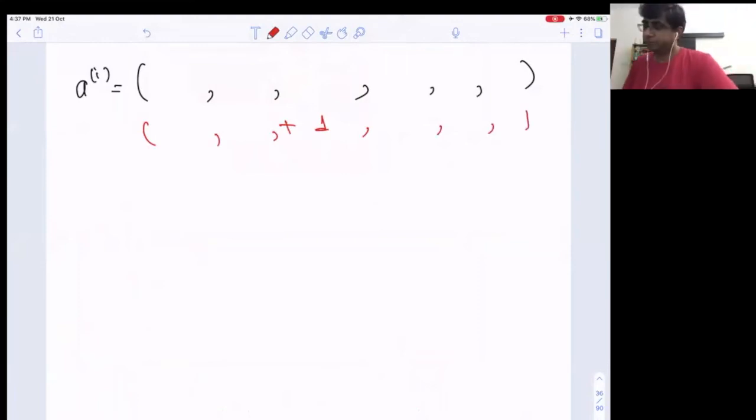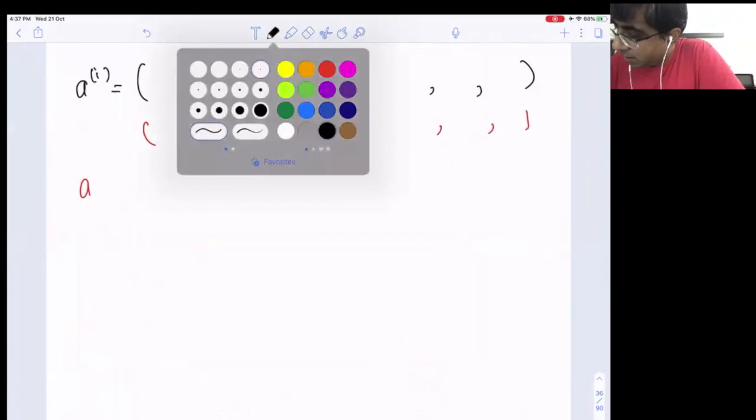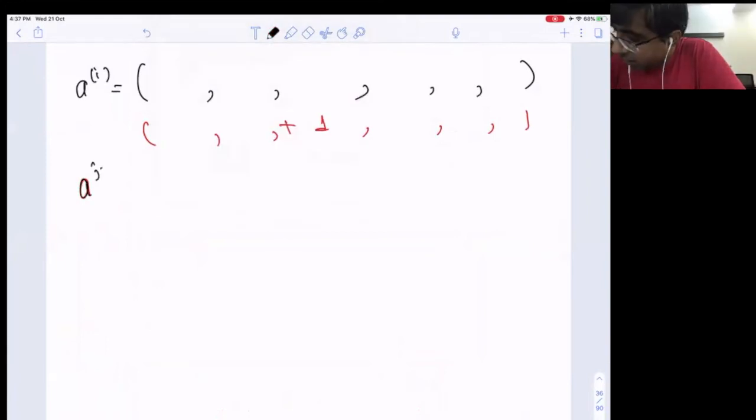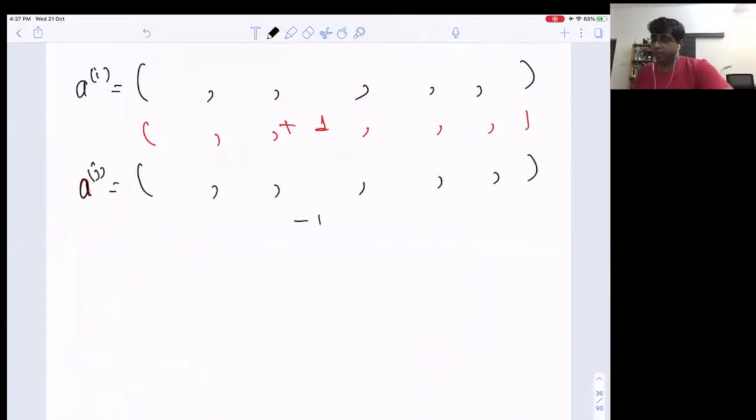And maybe you have A of j, where at the same coordinate, what you would like to do is -1. This is what you would like to do. And what you have is M A of i. Now, what is this vector?